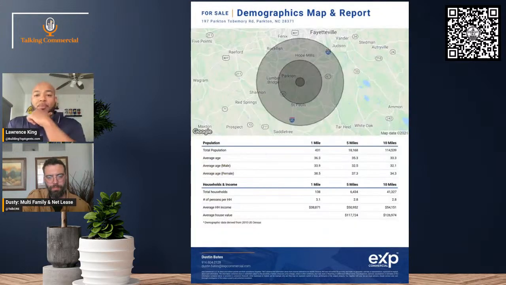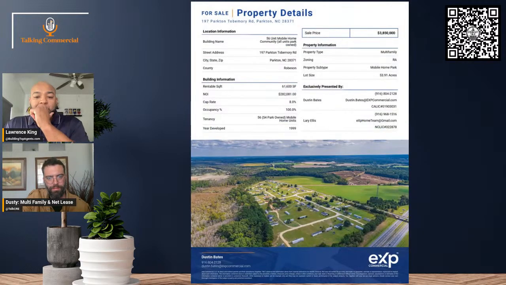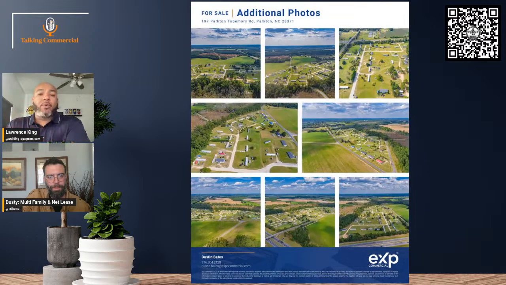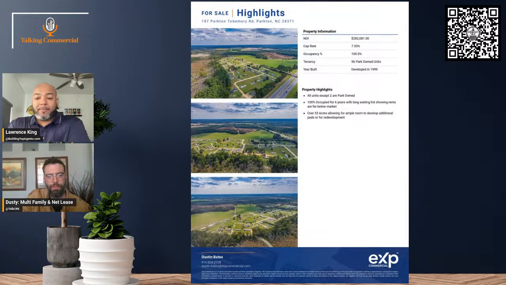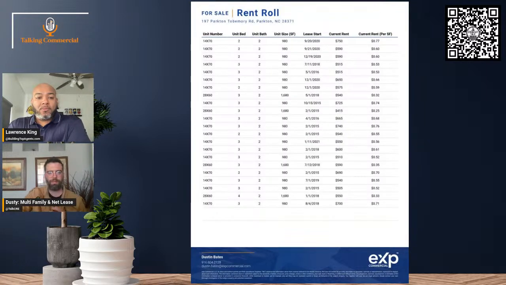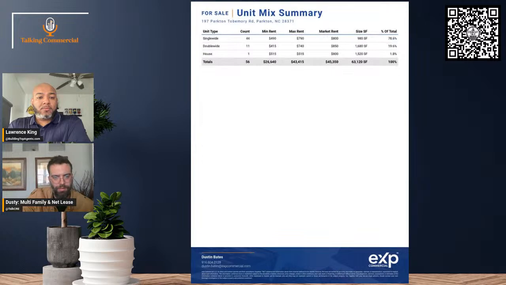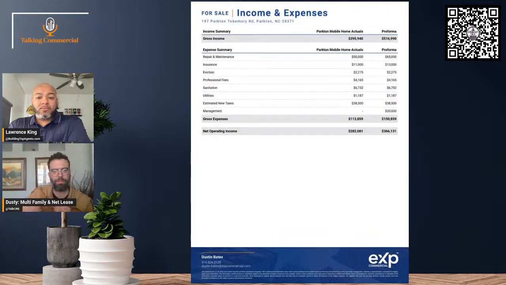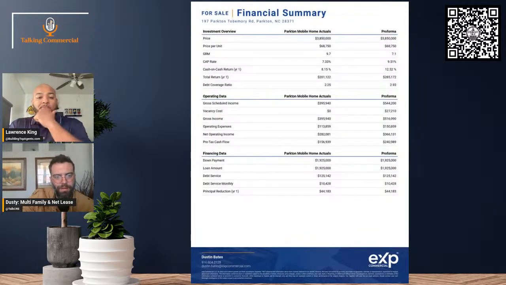I'm trying to zoom in. This is the mobile home park that you, so this is the presentation that you've created to sell this mobile home park right here. And we sold it just under asking price, and I'm trying to see if I've got a clear indication on this one of those three different pieces. I don't know that I do.